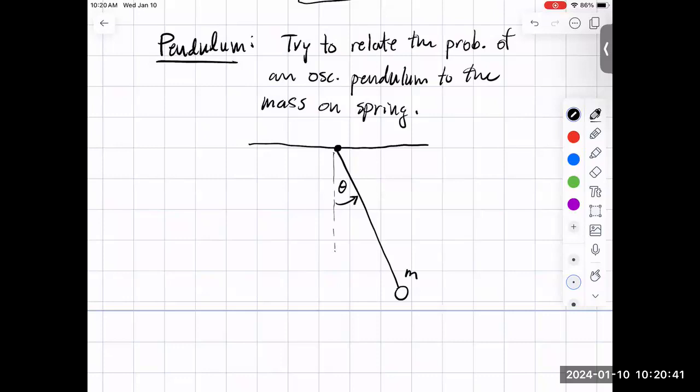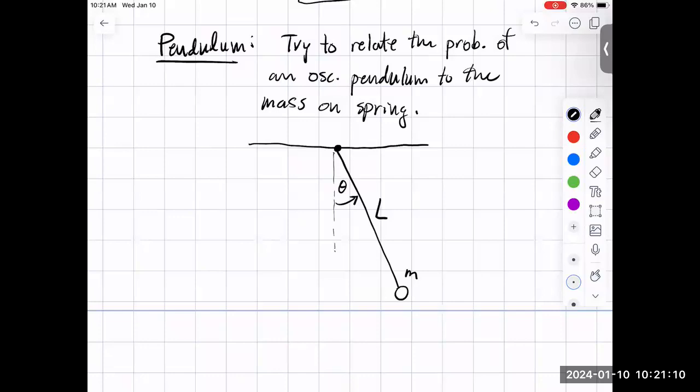And theta determines by how much we are displaced away from our equilibrium. If the pendulum mass is hanging straight vertically down, theta would be equal to 0, and that would correspond to the thing sitting at equilibrium. That's like the mass sitting at position x equals 0. And we're going to say that our string has a length L.